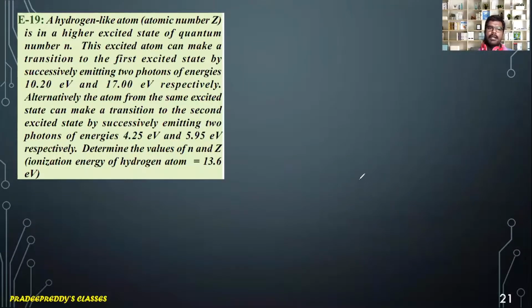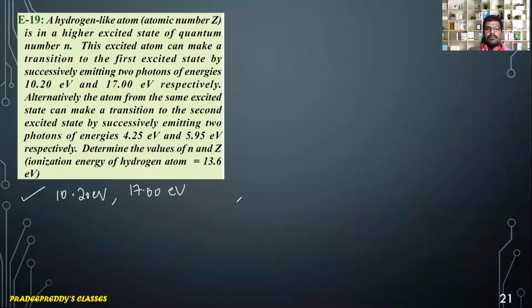A hydrogen-like atom, atomic number Z, is in a higher excited state of quantum number n. This excited atom can make a transition to the first excited state by successively emitting two photons of energy 10.20 electron volt and 17.000 electron volt.